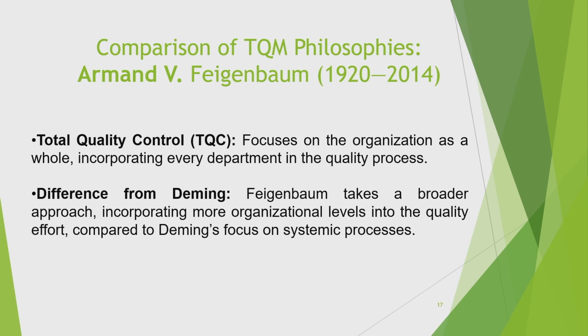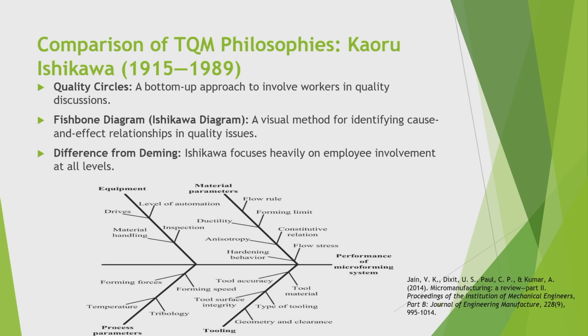Feigenbaum takes a broader approach, incorporating more organizational levels into the quality effort compared to Deming's focus on systematic process. So, he said there should be more organizational levels effort into the quality, and of course there is a lot of overlap and we should see the positive points of all the philosophies.